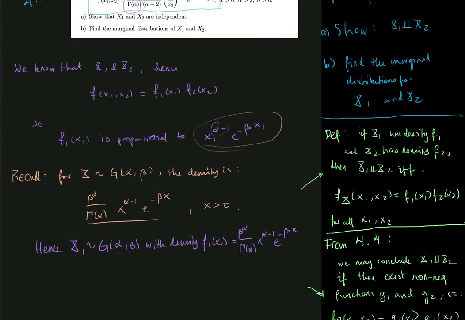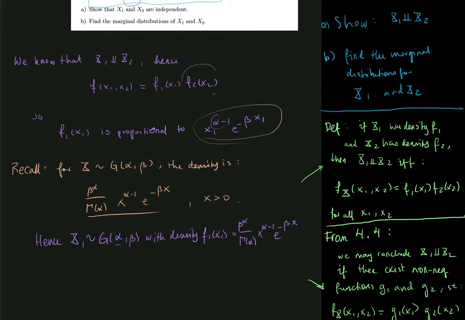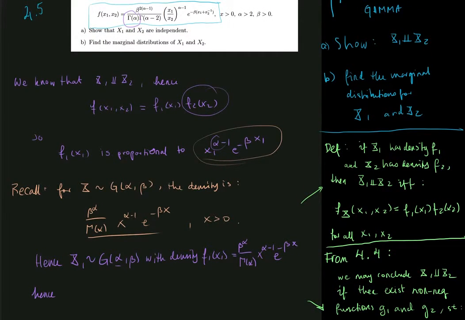And what we know is also that now we can find the density of f of x2, because that's just the rest, right? Because the simultaneous density is the product of the two marginal densities. So hence x2 has density given as beta to the 2 alpha minus 1 divided by beta to the alpha.